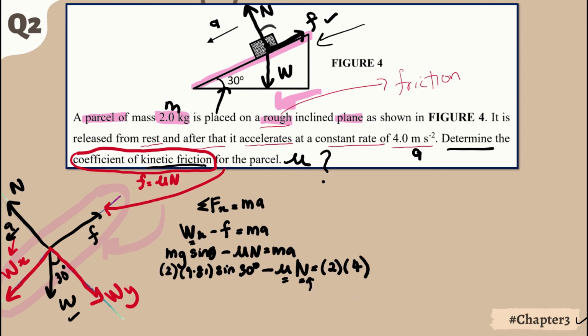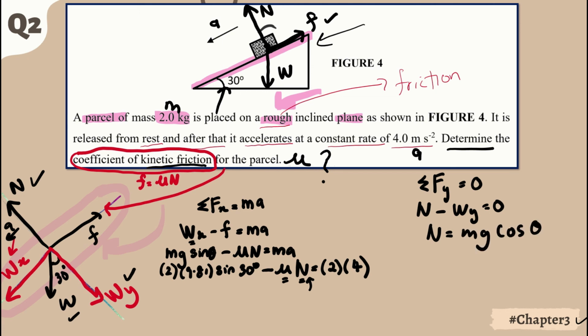y-axis. We now solve the y-axis, so summation of Fy is equal to 0. There is no motion in the y-axis. In the y-axis we have N and also Wy. N minus Wy is equal to 0. N is equal to Wy, which is mg cos theta.